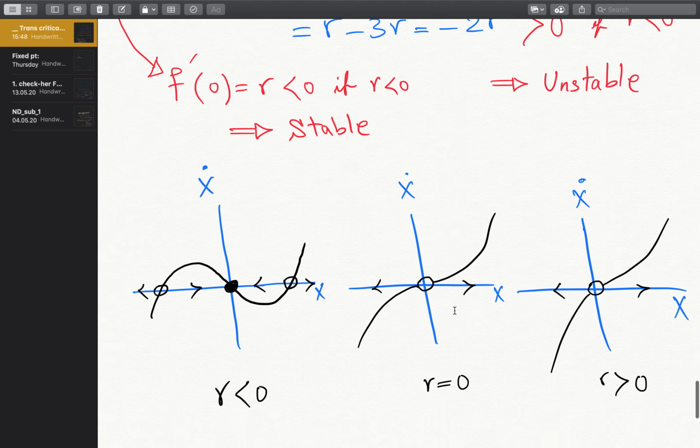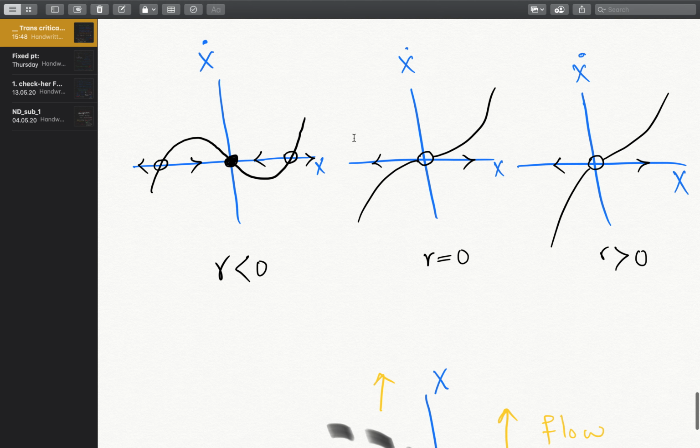We can talk about it, but here we are working in real space, and we just talk about negative r's. And again, if you draw the graphs, you can see that the origin is stable for negative r. Why? Because this graph has positive values over here for x dot and negative values over here, and therefore you see that there's an attraction towards the origin and repelling from these two points.